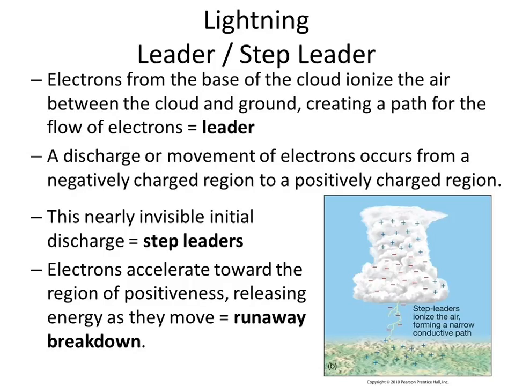This talks about runaway breakdown. I don't usually test over that. It starts out with a leader. Have you ever looked at lightning and sometimes it looks like different flashes, like there's 3 different strokes in the one lightning bolt? That's actually true. This is the start of it.